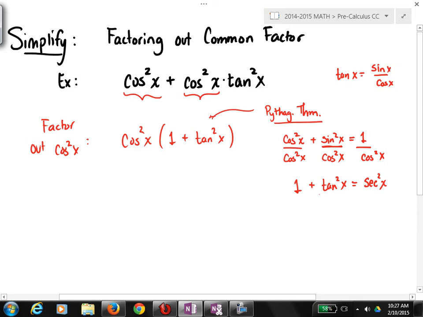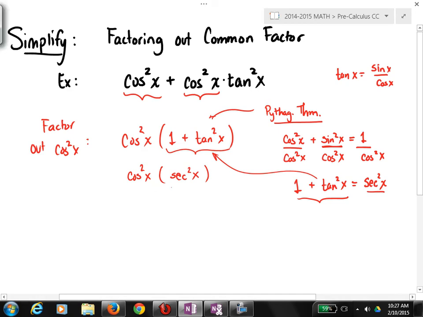And then right here you can see that all of this is the same thing as secant squared of x. So that's what I want to substitute here. All of this is going to become secant squared of x. And since I have a cosine and I have a secant, simplifying, remember, is trying to make things simpler, to cancel out as much as you can.